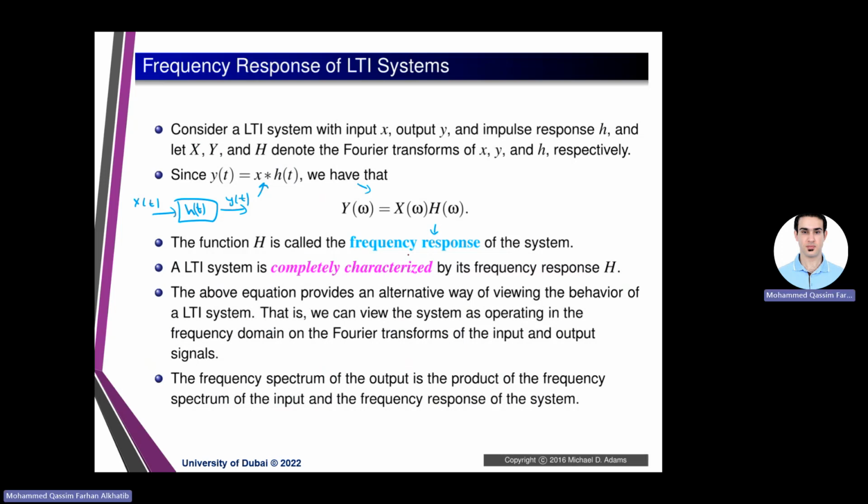All right. One of the important things here you will see in the future in many systems. All systems are modeled like this. So I have my input x of t. I have my system, h of t, and I have my output y of t.